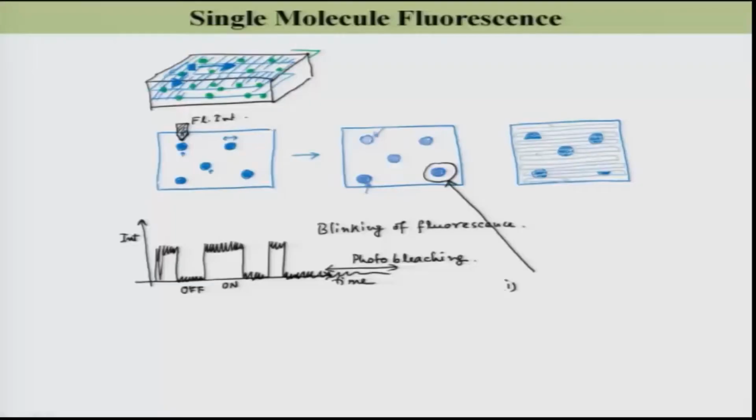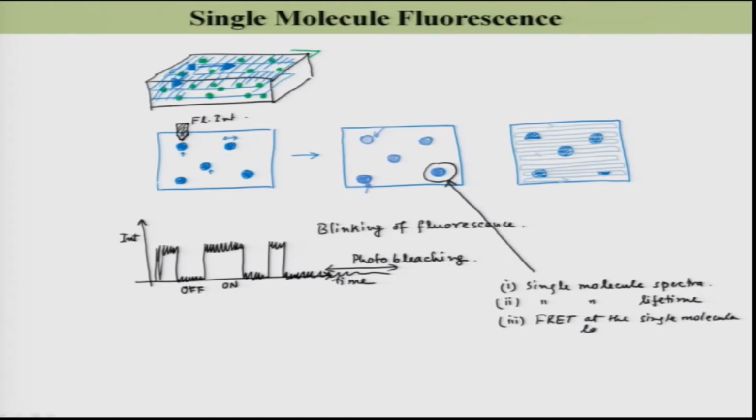For example, you are going to see the single molecule spectra, you will be able to see single molecule lifetime, you can see the application of rate at the single molecular level, and many other applications are possible.